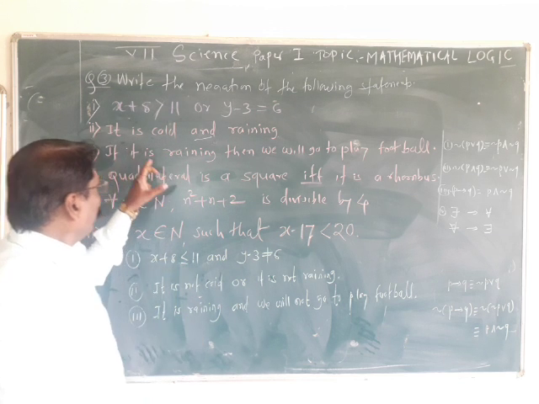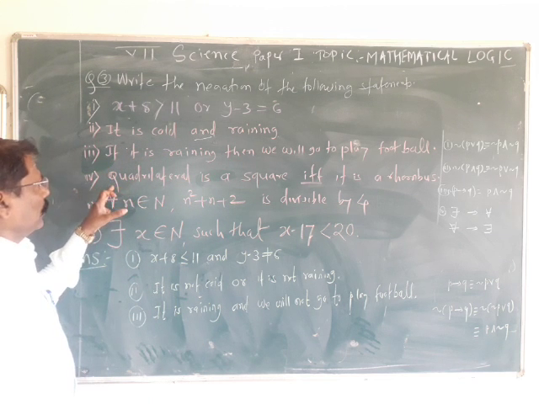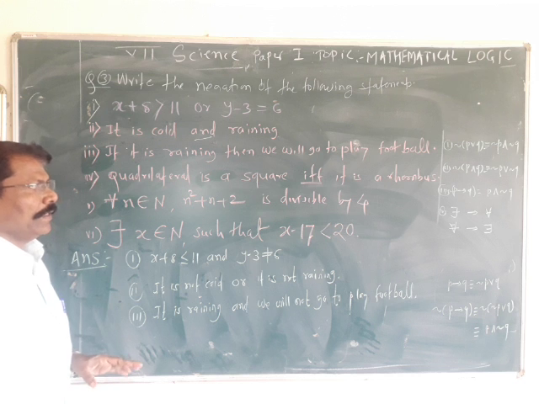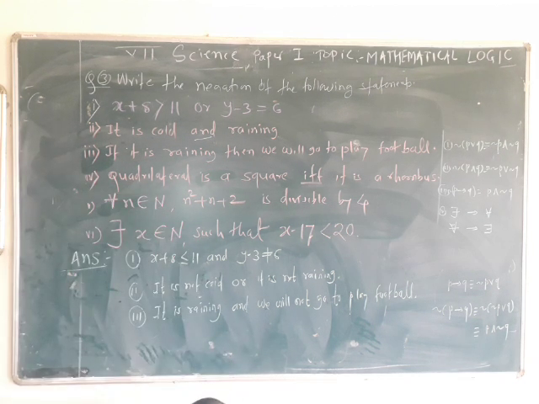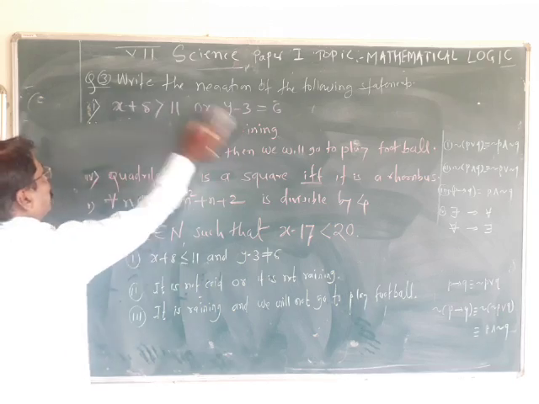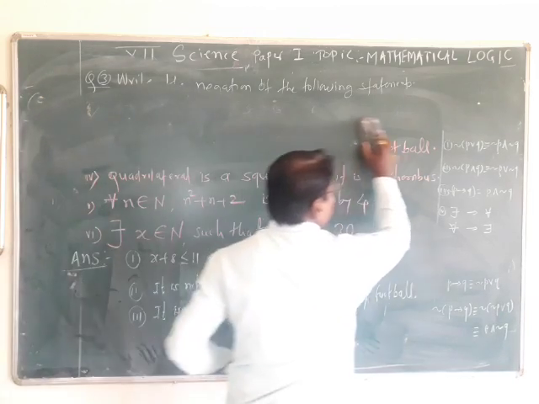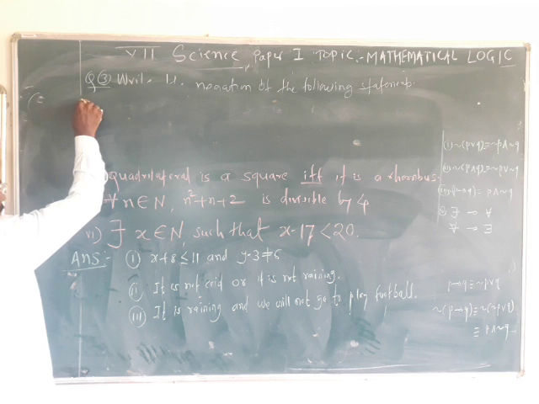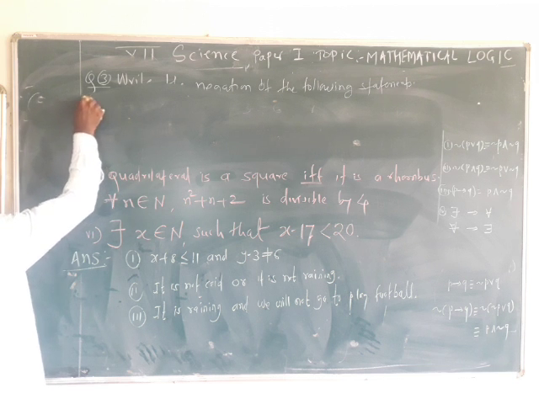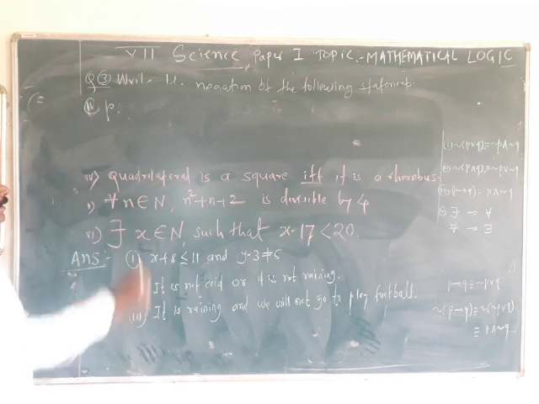Okay. Now fourth example. Quadrilateral is a square if and only if it is a rhombus. So I am going to write the answer of the fourth here. What is the P statement?